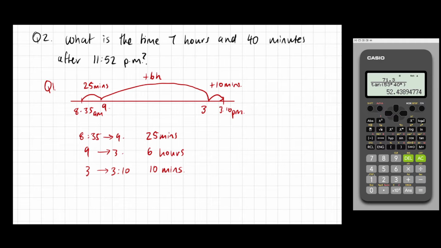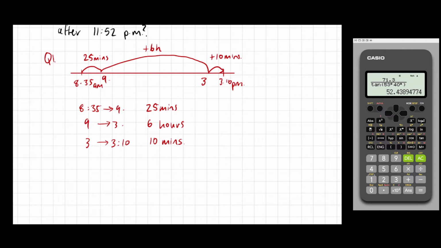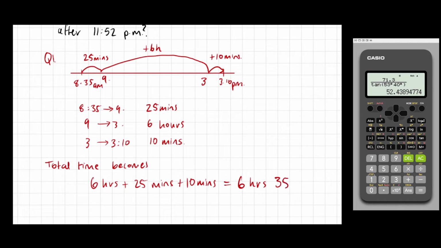With those jumps, we can total this. The total time becomes 6 hours plus 25 minutes plus 10 minutes, which gives us a total of 6 hours and 35 minutes. It's that straightforward. There's nothing too tricky about that.